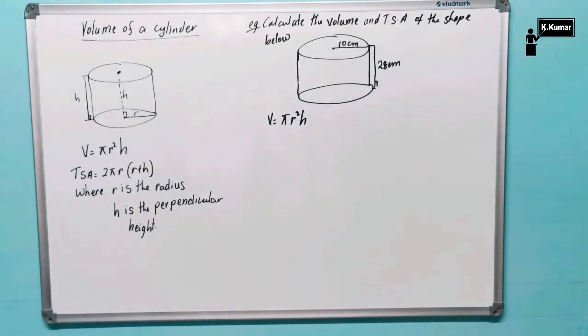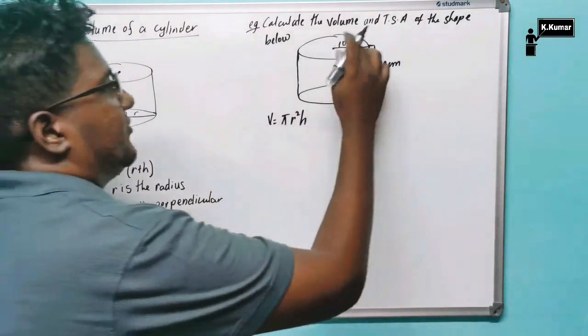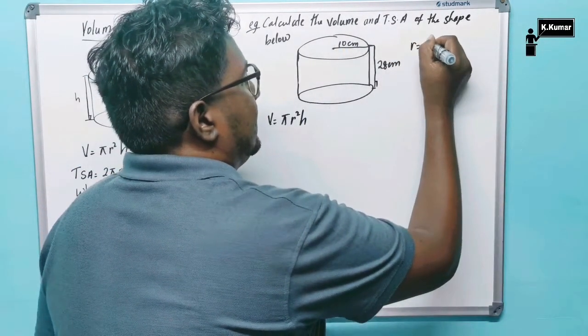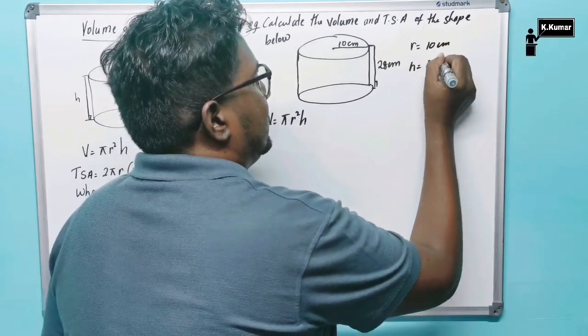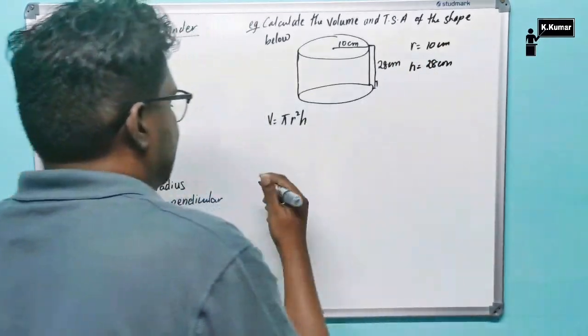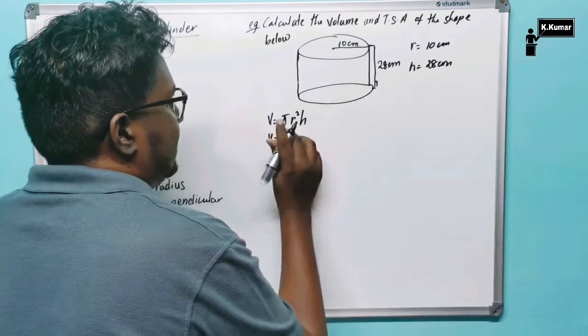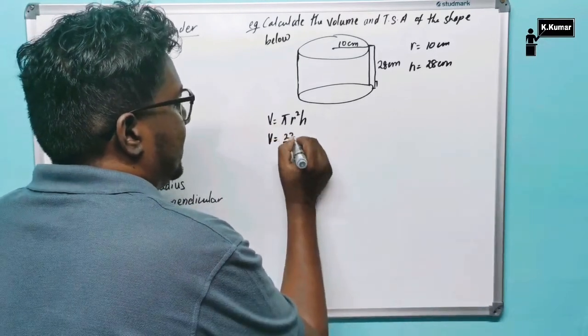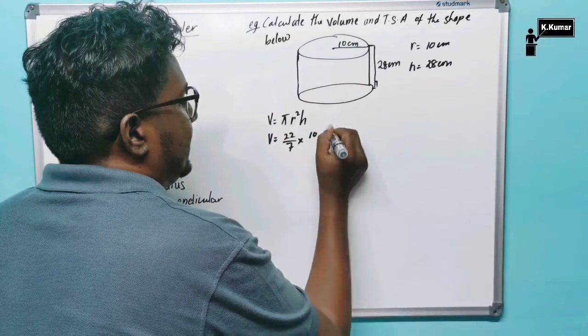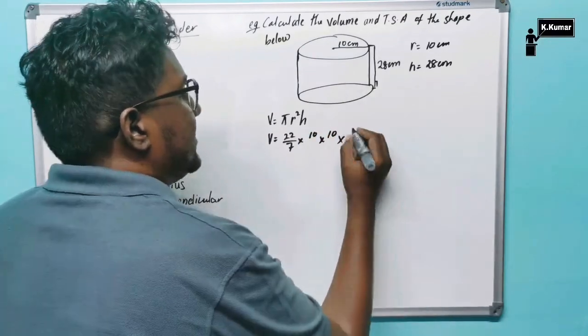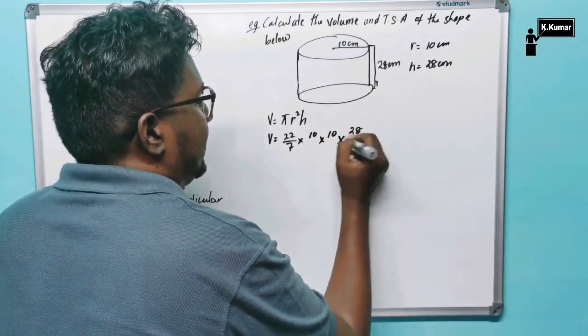Calculate the volume and total surface area of the shape below. Here you have the radius given as 10 cm and our height is 28 cm. So let's solve this. V equals pi, which is 22 over 7, times r squared, that's going to be 10 times 10, times h, which is 28, you put them over 1.